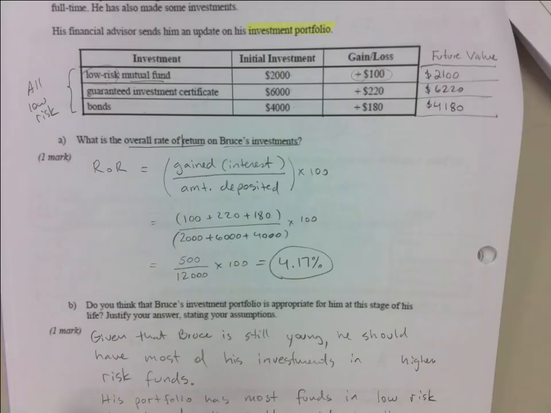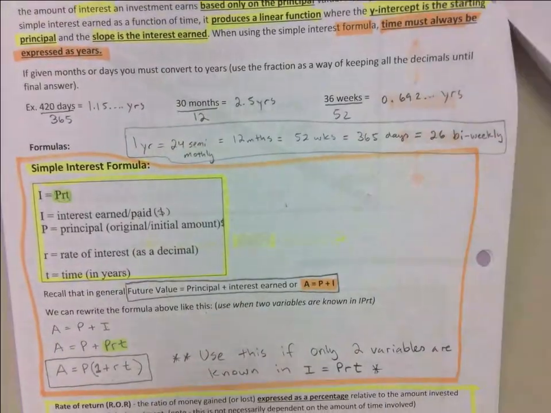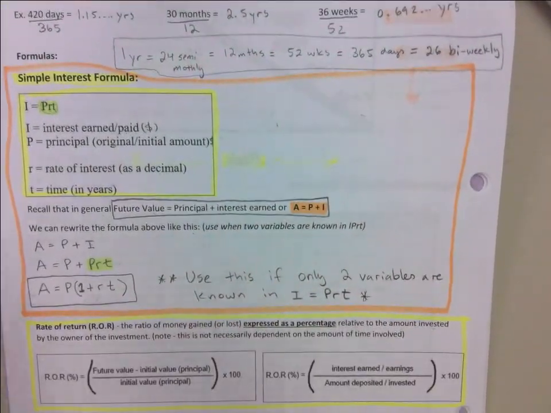Can a rate of return be negative? Yes, rate of return may be negative, and it may be more than 100%, right? So this gets me to go back to rate of return on page 9.